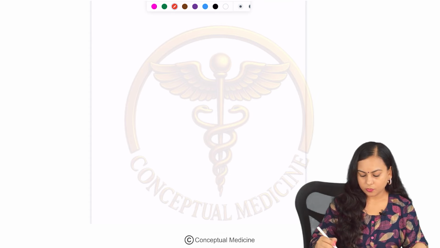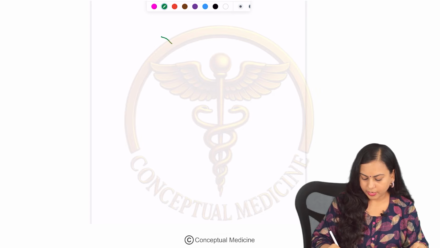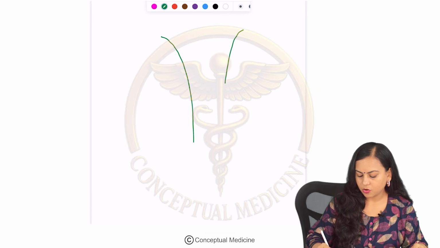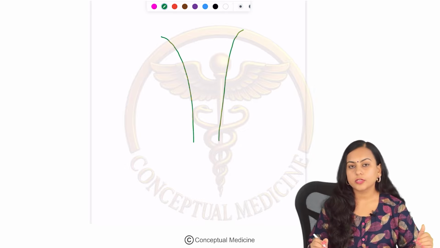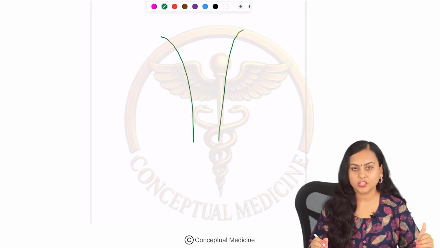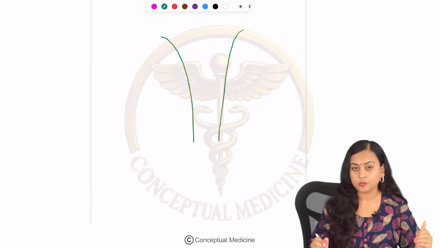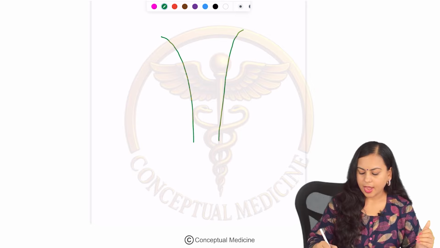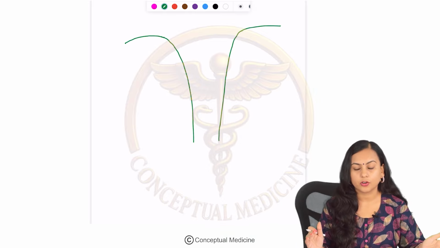So, we have two Mullerian ducts. Mullerian ducts are the structures which are going to give rise to the female internal genitalia. Mullerian ducts are also known as paramesonephric ducts, and these two ducts are present on both sides, one on the right side and one on the left side.